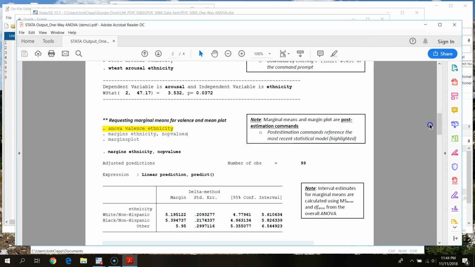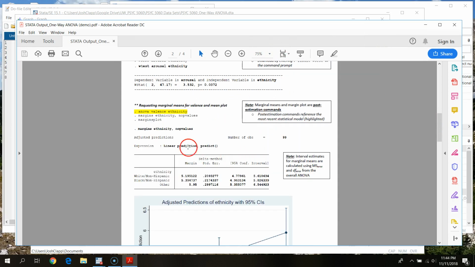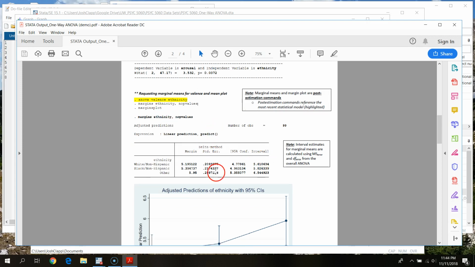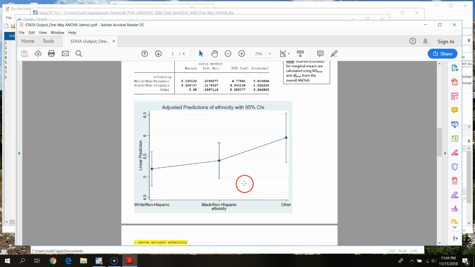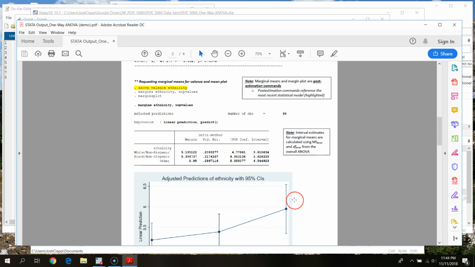Okay, so again, in your handout, you can see we're requesting our marginal means and our plots here, and these two things together will provide us a plot here.